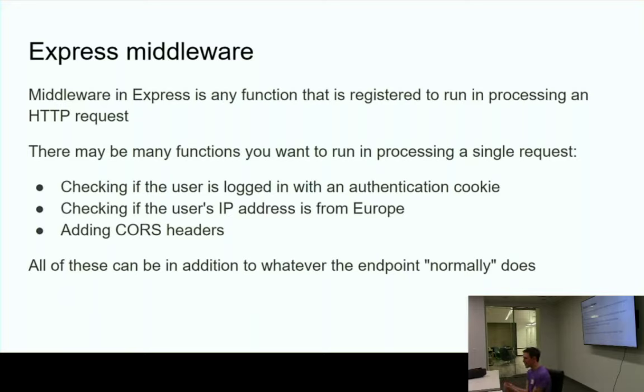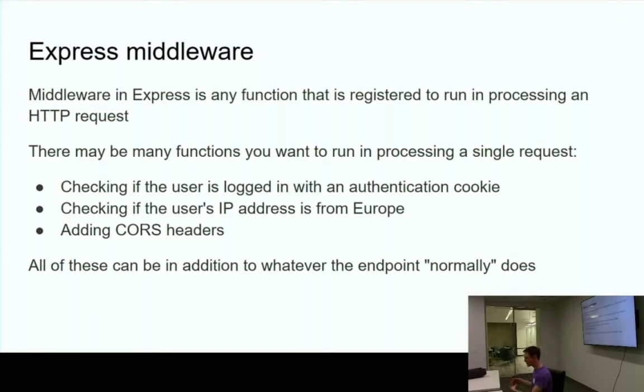Middleware in Express is any function that's registered to run when processing an incoming HTTP request. So you can have a whole assembly line of middlewares: an incoming request, then check if the user is logged in, check if the user has a European IP address, check geographically where that IP address is coming from.